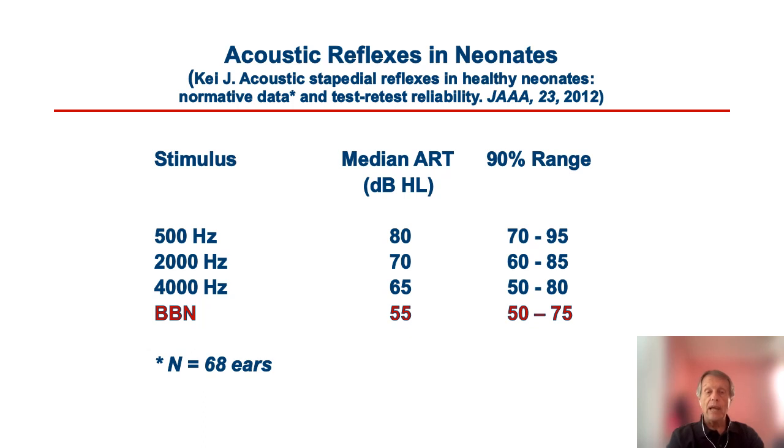And you can see the range was only from 50 to 75. So this is again confirming my earlier statement. If the broadband noise reflex threshold is less than 80 dB, and certainly if it's in the 60 to 65 dB range, then there's virtually no chance of a cochlear hearing loss. Remember, all these infants had normal hearing sensitivity based on the ABR.